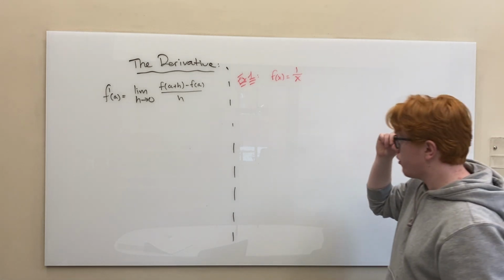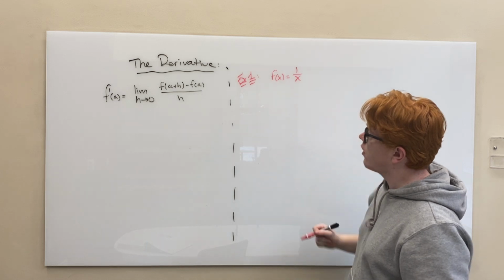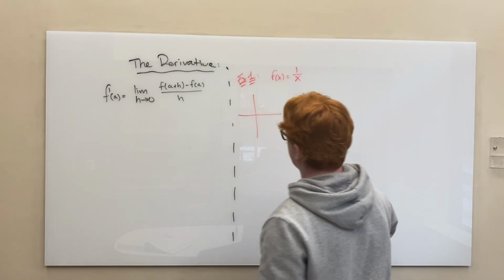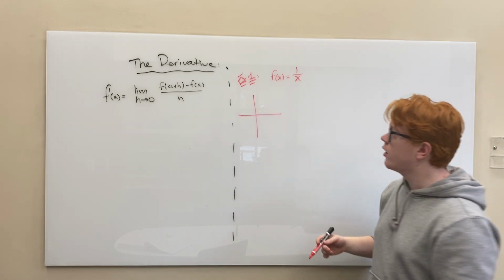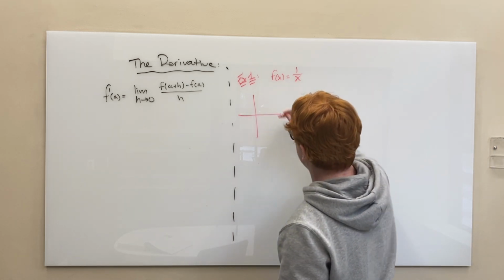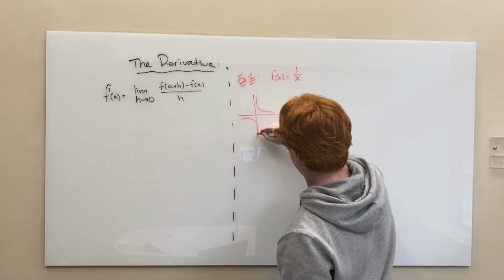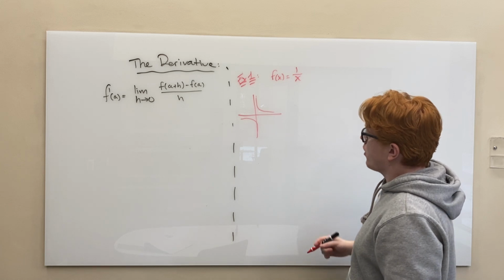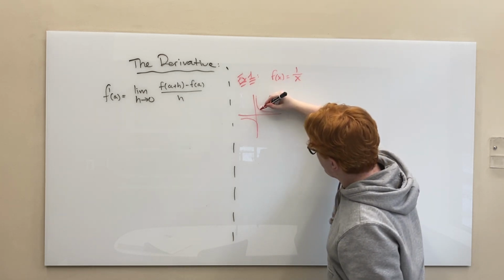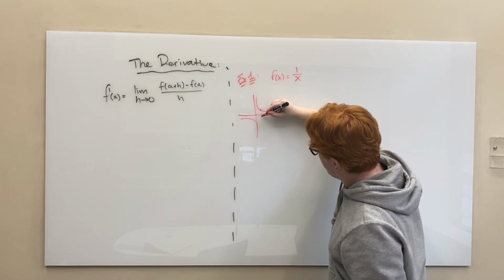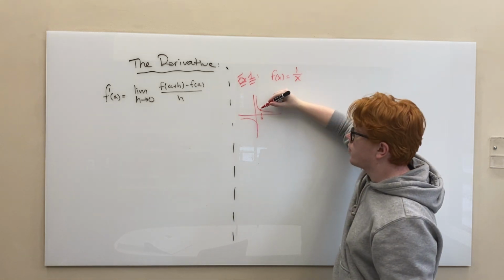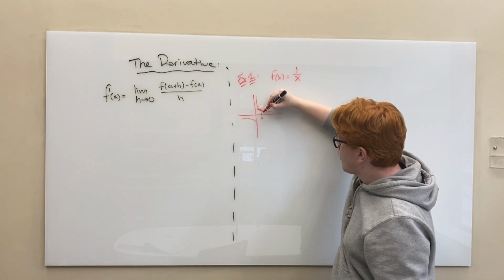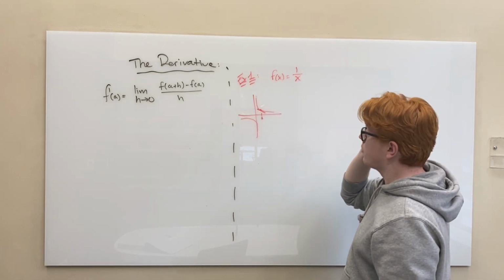Okay, so we have 1 over x, and it might be a good idea to draw the plot, which looks something like this. We want to imagine some x value a, so this is f of a, and then some point right next to it, a plus h.